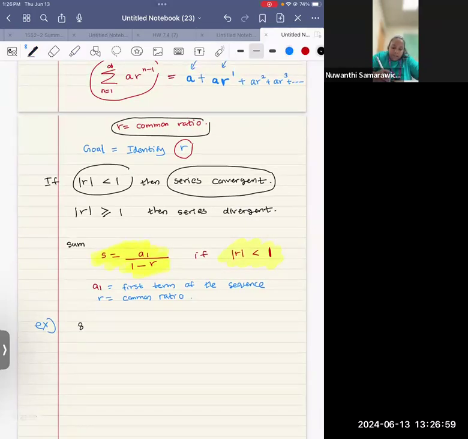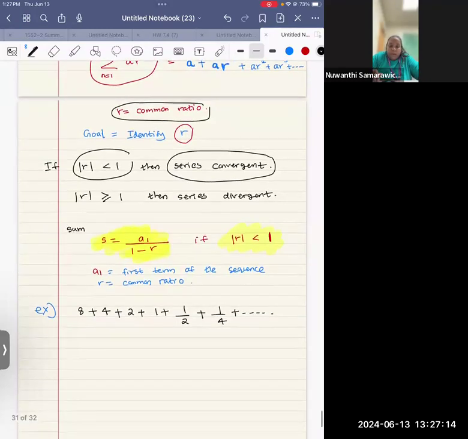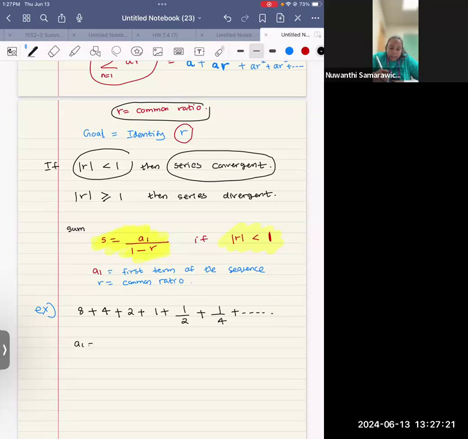So let's say you have the series 8 plus 4 plus 2 plus 1 plus a half. Because it's a geometric series, what is the first term of this series? Eight.